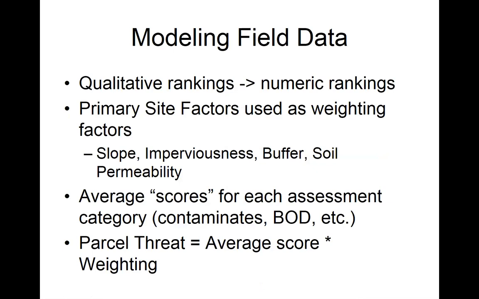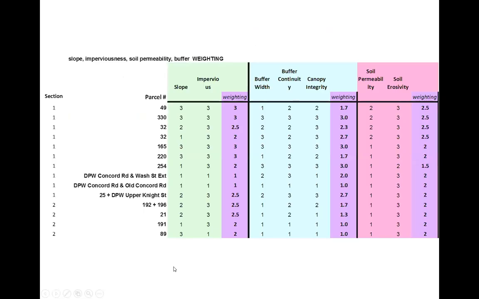And then we assessed the scores of each of the assessment categories, such as contaminants, BOD, etc. And then we gave the parcel a threat ranking, which was the average score of all these assessment categories together for that parcel, times the weighting from the primary factors.